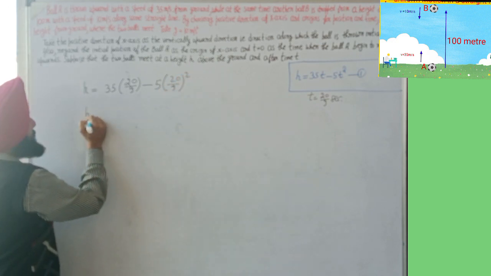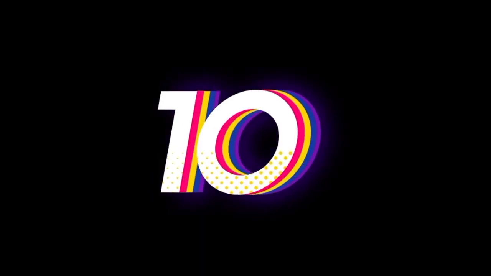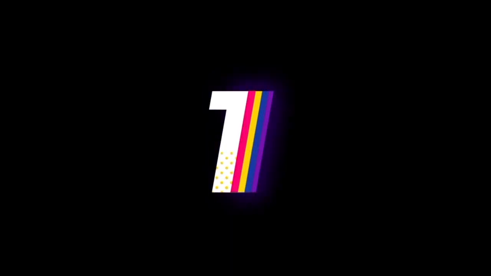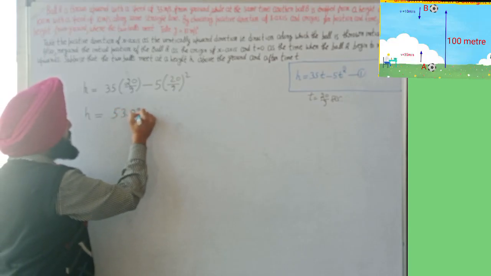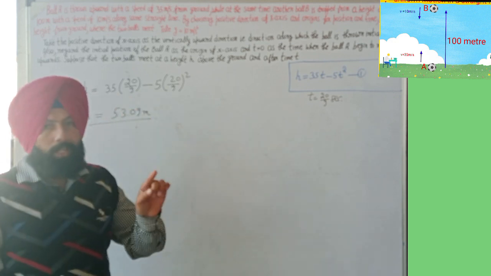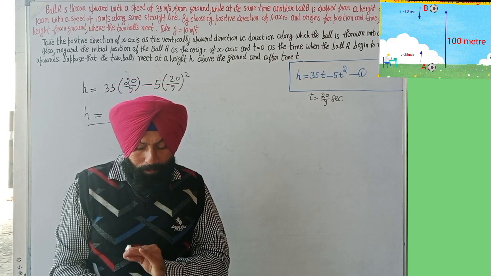So after calculations, it becomes 53.09 meters. This is the height where the two balls will meet.